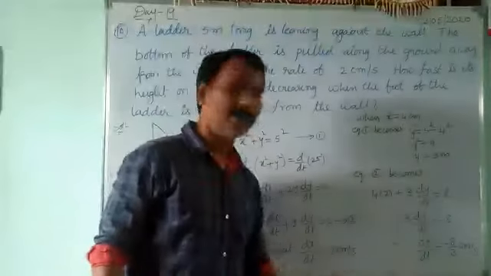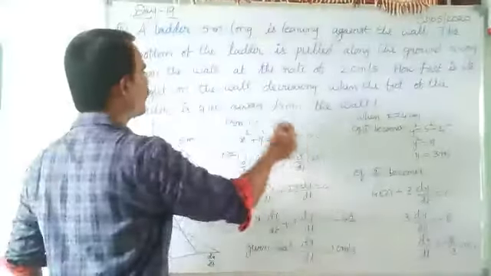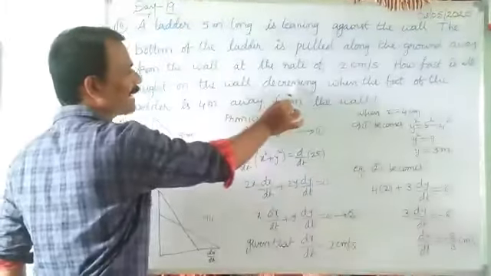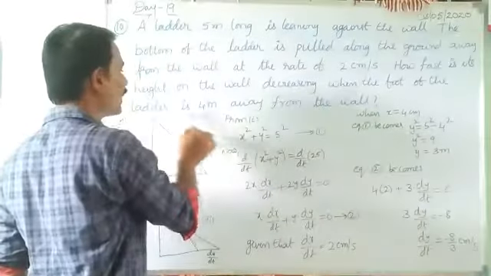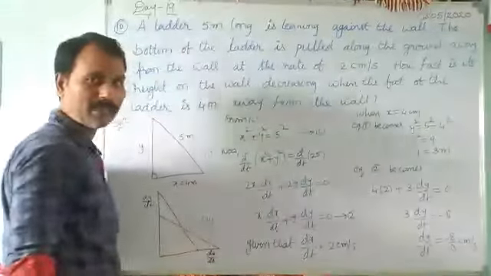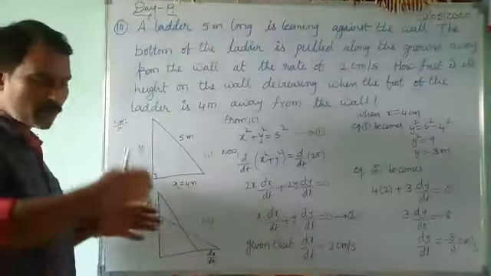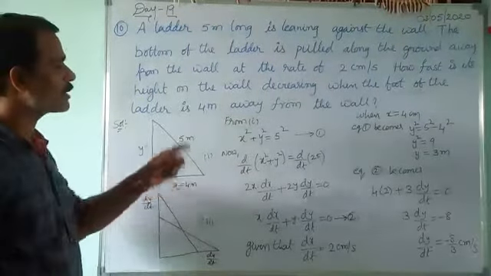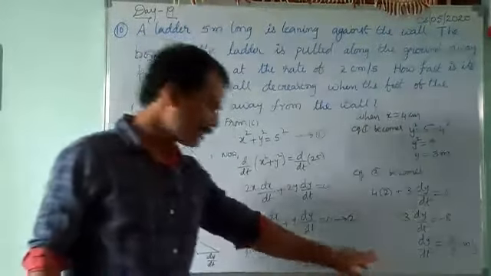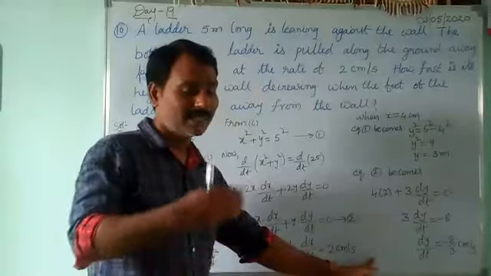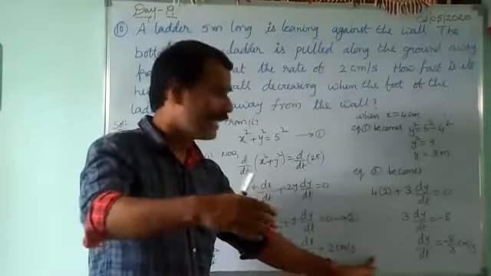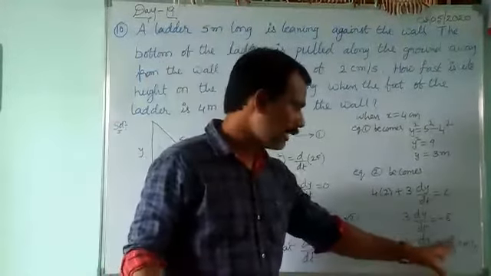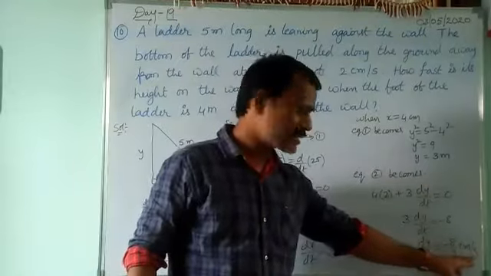What is the meaning of dy by dt? Observe it. The height of the wall is decreasing when the foot of the ladder is 4 meters away from the wall. Just write it: thus the height of the wall is decreasing at the rate of 8 by 3 centimeter per second.